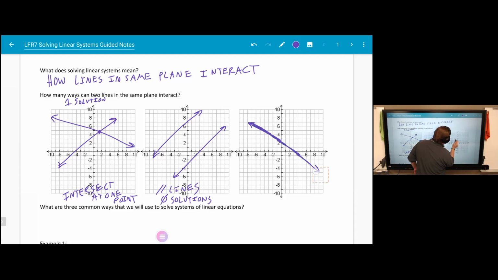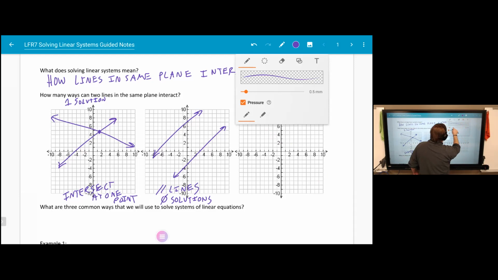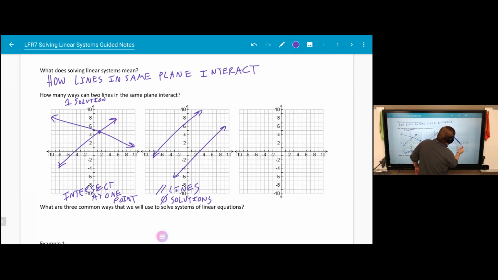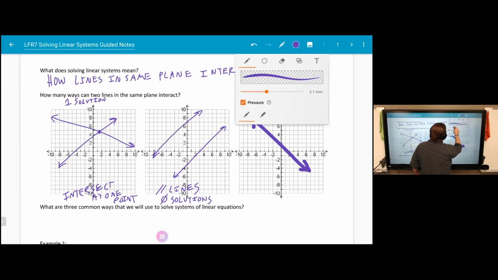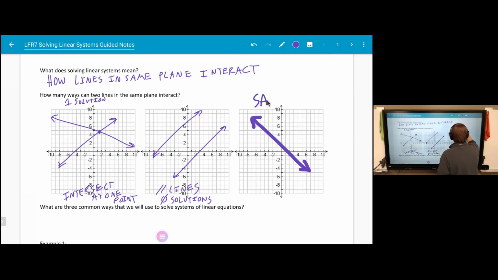That doesn't look good either. I'll just make it thicker. How about that? And we're going to call this the same line. And if it's the same line, it is an infinite number of solutions.